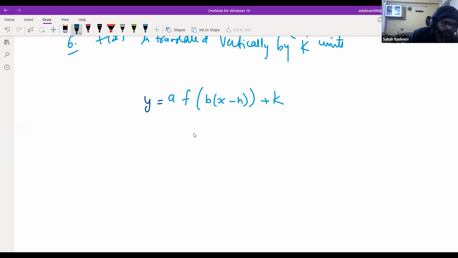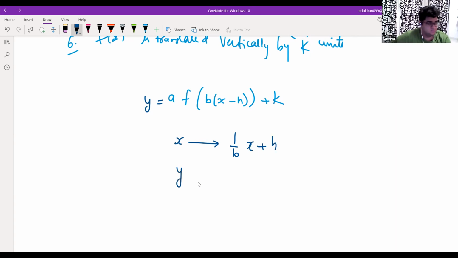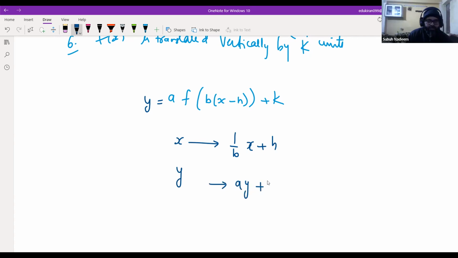Here they are saying that x will be written as 1 by b x plus h, and y will be written as a y plus k. You can see over here that this is how the transformation is working.